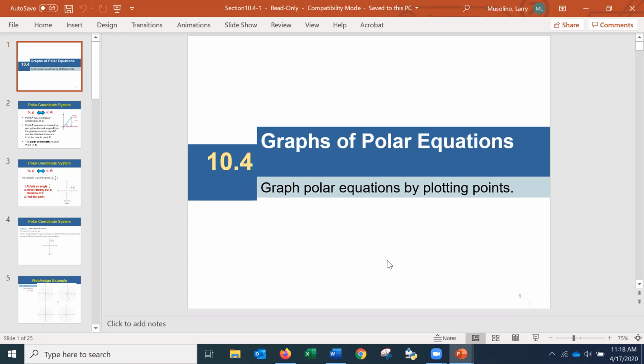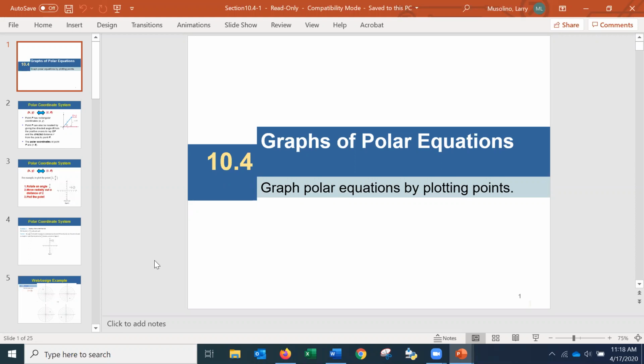All right, folks, so remember the idea here in this section is we want to be able to graph these polar equations. And you might say, why do you want to graph these anyway? What's the point of graphing polar equations? Well, there's a lot of applications where you want to see a visual picture of what's happening as you vary an angle and what's happening to these r, comma, theta points.